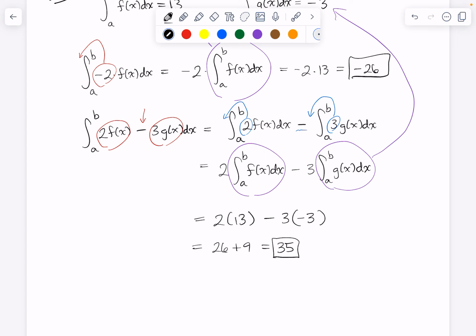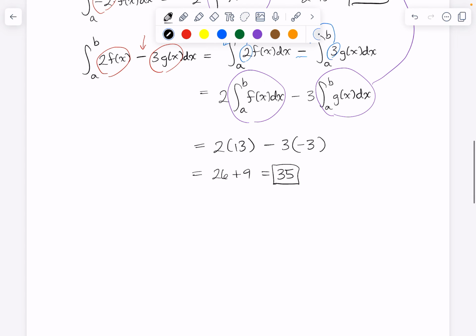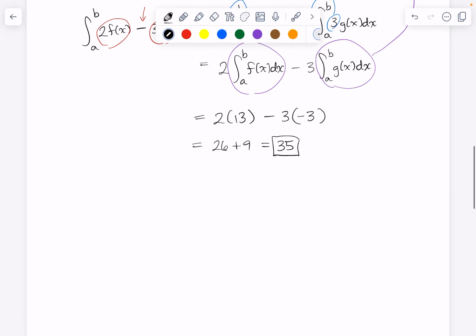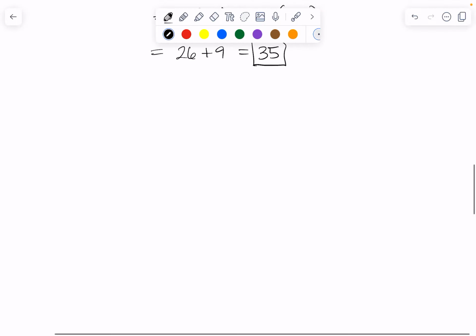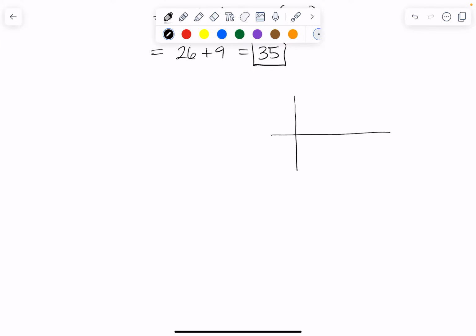All right, cool. Let's do maybe another one. Okay. Let me suppose that in this case we actually get a little bit more information. Let's suppose we actually do have at least some knowledge about the graph of these functions. So I'm going to do a quick graph of f of x. Let's suppose it looks something like this.